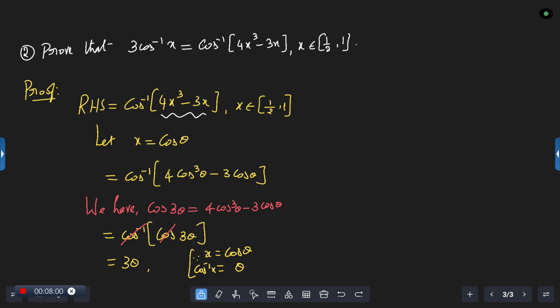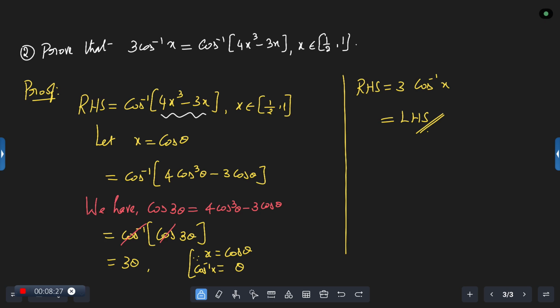So the final result, the RHS, is 3 into theta, where theta is cos inverse of x. This is equal to the left hand side. Students, any doubts? Yes, these are the two proofs.